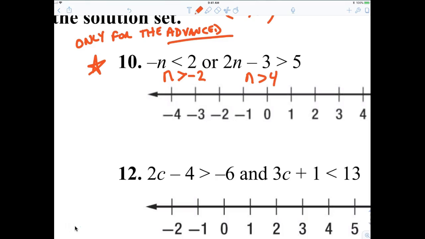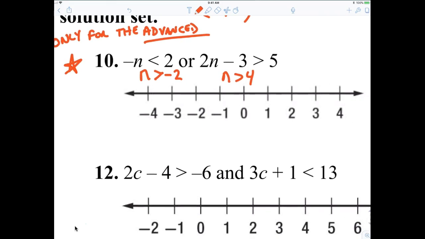Or means one of them could be true, or both of them could be true. So now, if you understand that, watch how simple this problem is. For n greater than -2, I'm going to do an open circle at -2, and I'm going to go to the right.